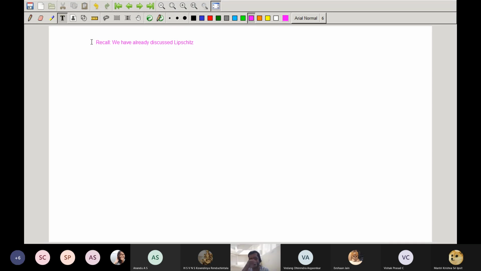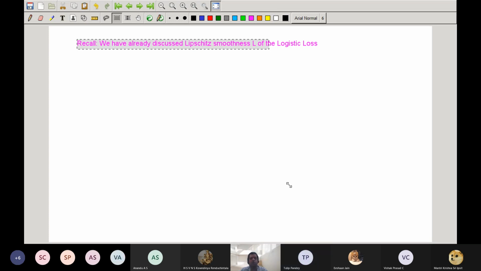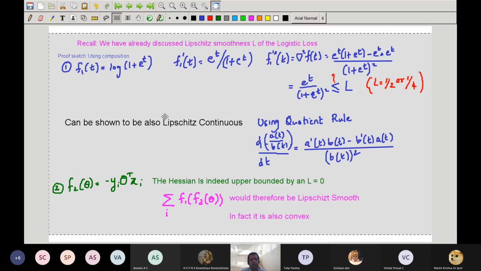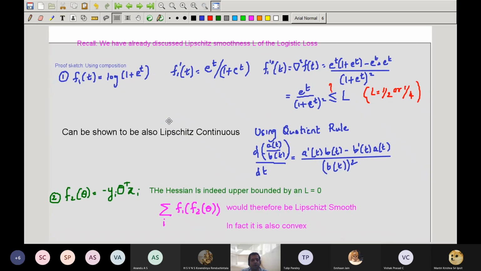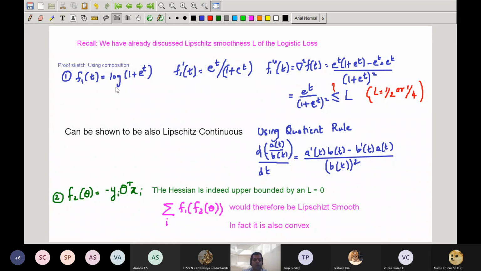The only thing is we didn't determine L, the smoothness of the logistic loss. So how did we derive that? Anyone want to recall the proof methodology? By using composition of functions. So I'm just going to put that as it is from our previous derivation. You use composition.